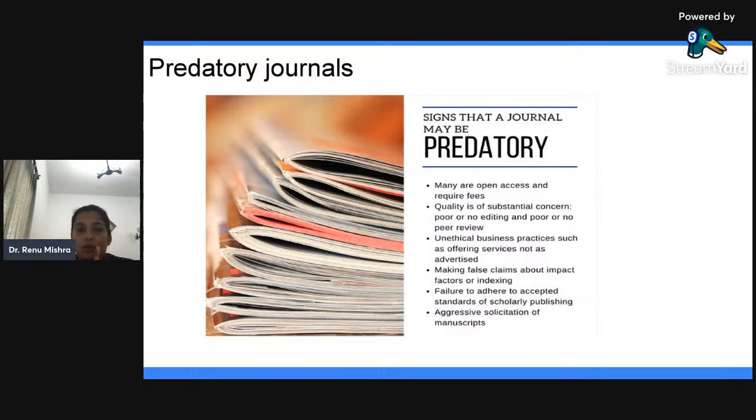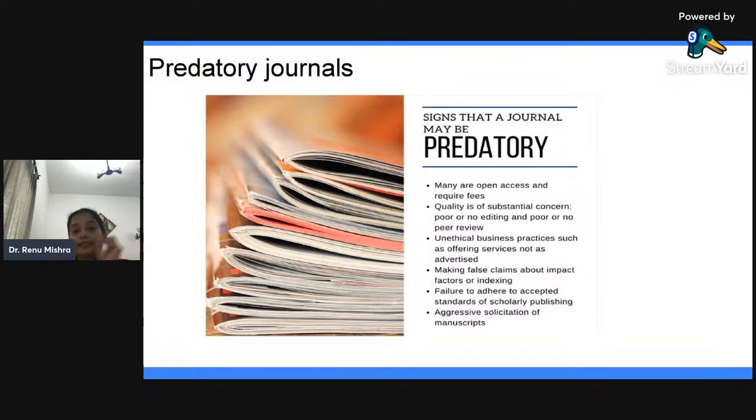Now, as we have understood, open access does not require any subscription, and the reader need not pay anything to the journal. But these predatory journals ask you to pay a fee. That is one of the ways to identify that this is a predatory journal.